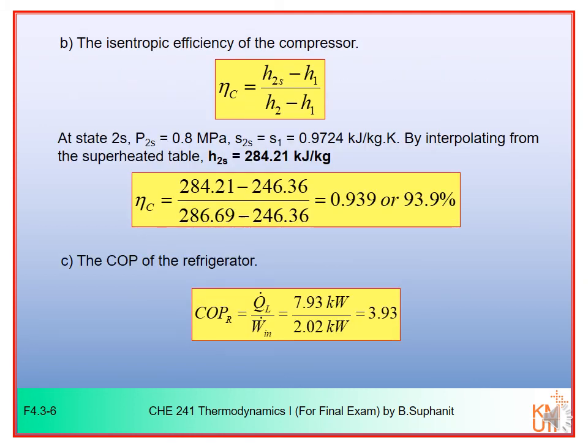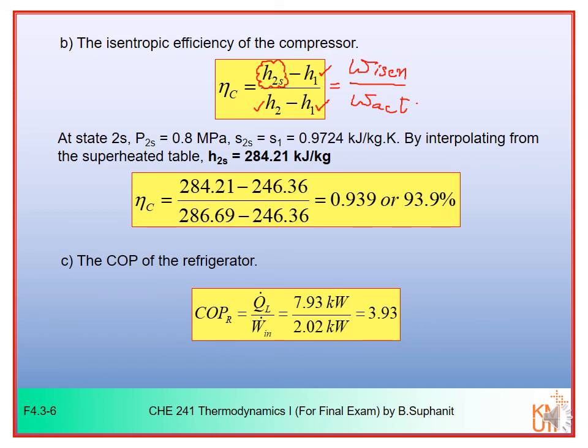The next question is to determine the isentropic efficiency of the compressor. Isentropic efficiency of the compressor is defined as the isentropic work divided by the actual work. It would be H2S minus H1 divided by H2 minus H1. From the table in the previous slide, you already have H1 and H2. You need to know the enthalpy at the compressor exit when it is isentropic, or H2S.